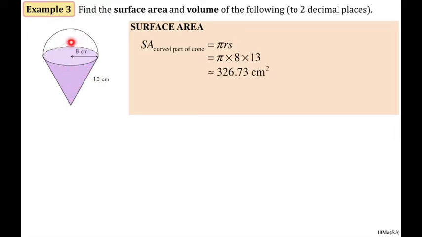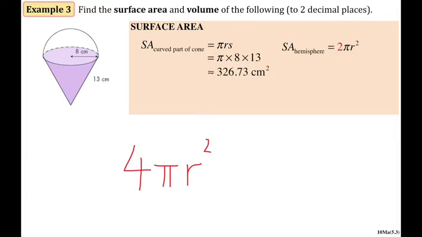I now need to do the half cylinder. Sorry, not the half cylinder, the half sphere. So let's actually have a look at that. There's our formula for half of a sphere. Remember, the surface area for a full sphere is 4 pi r squared.